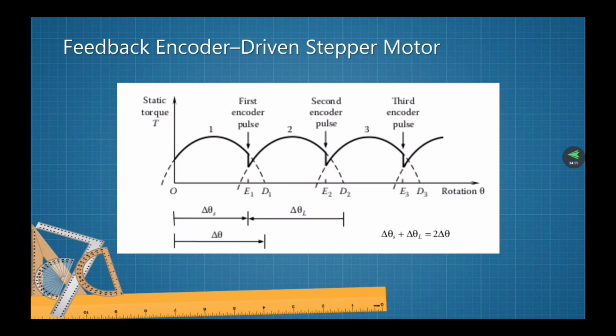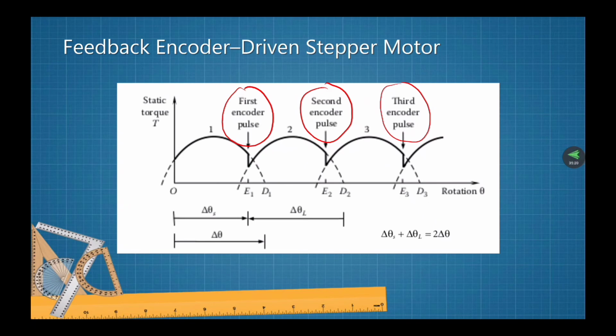And this is the feedback encoder driven by a stepper motor. This is for the first encoder pulse, this is for the second encoder pulse, and this is for the third encoder pulse.